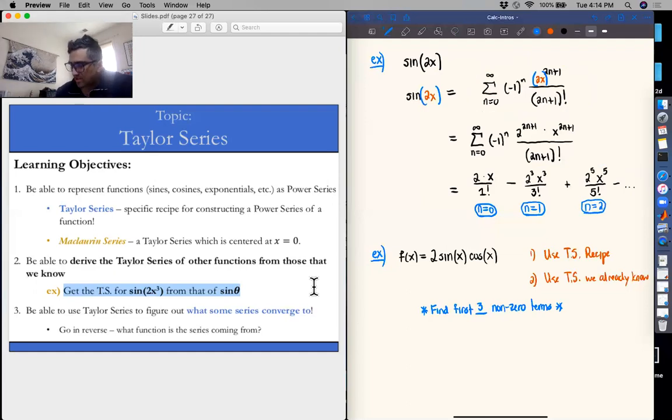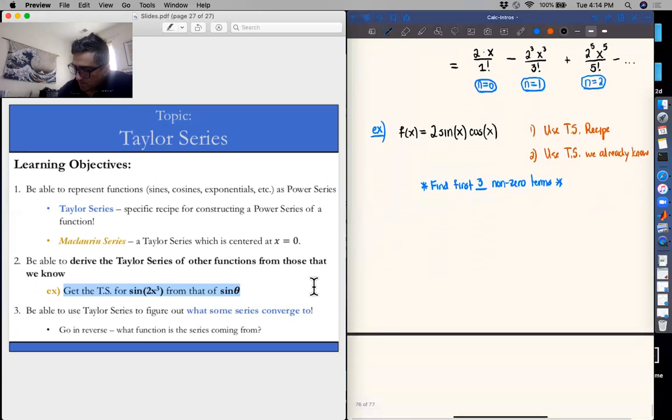So how can we actually do this? Well, let's remember some of the Taylor series. We start off with sine of x. And the first couple terms of the Taylor series for sine of x are x minus x cubed over 3 factorial plus x to the 5th over 5 factorial, and so on and so forth, x to the 7th over 7 factorial. And we could really keep going if we want.